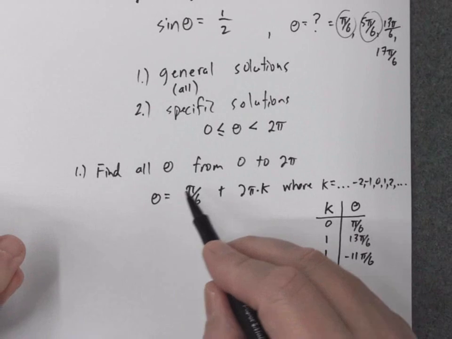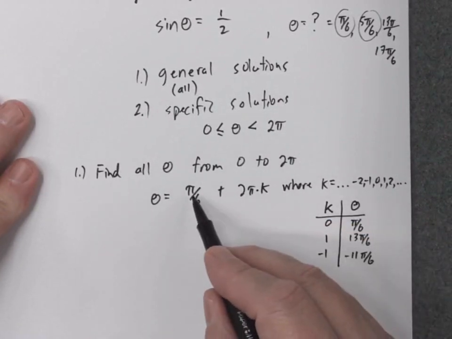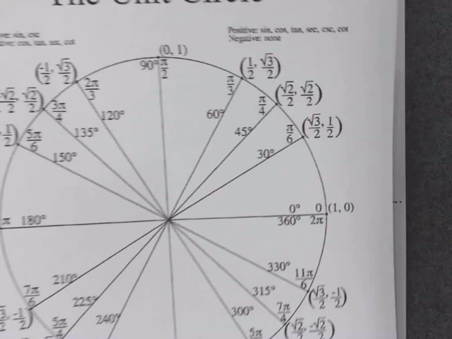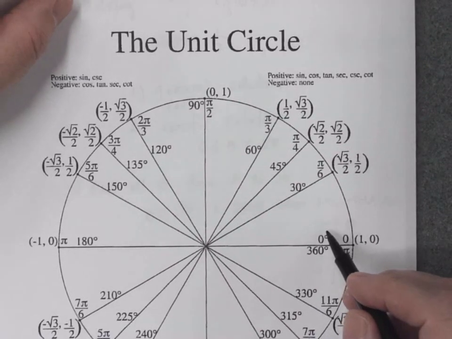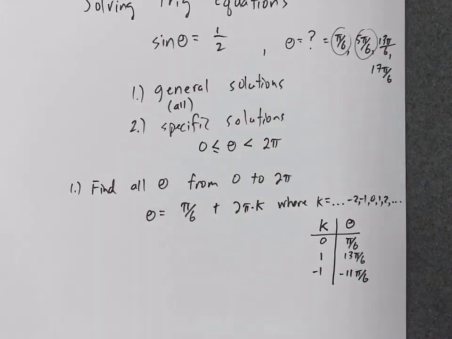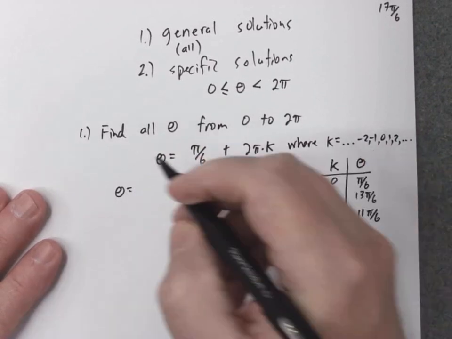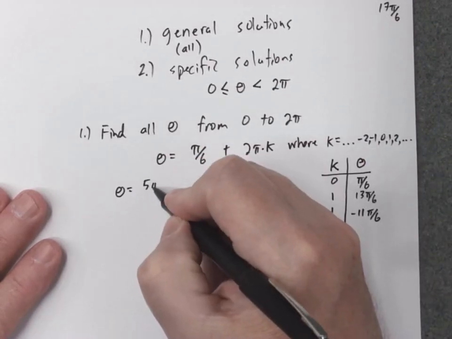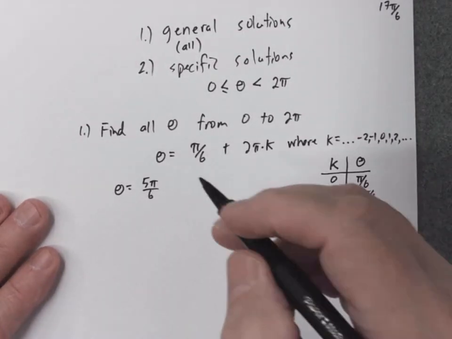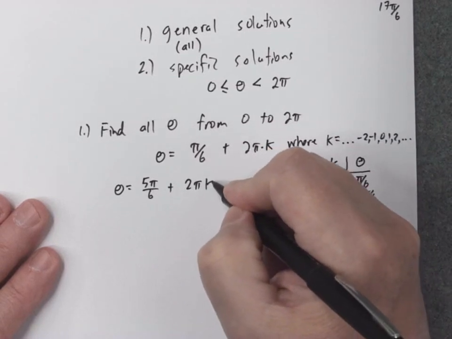Now I said find all the angles from 0 to 2 pi. This was the first one, but there was a second one, right? On one trip around the unit circle, we also said that 5 pi over 6 was the solution. So now there's a second general solution. So you do the same thing, except now I write down 5 pi over 6, and then I add 2 pi k again.